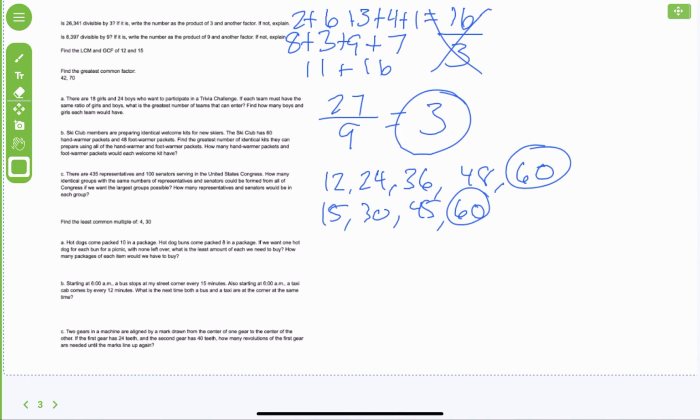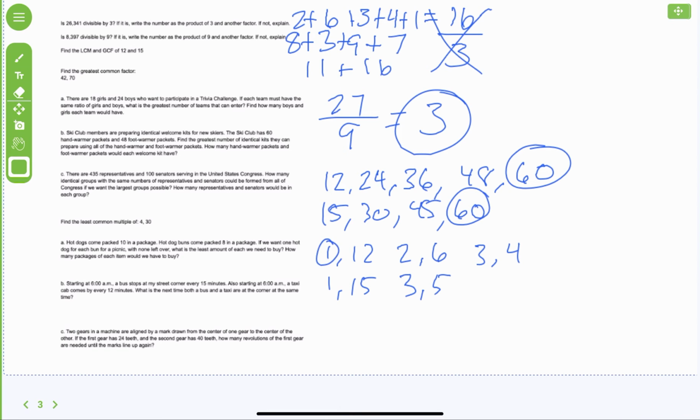Now to find the greatest common factor, we have to list the factors. So how do we come up with 12? 1 and 12. 2 and 6. 3 and 4. Now that's all of them. How do we come up with 15? 1 and 15. 3 and 5. And that is it.